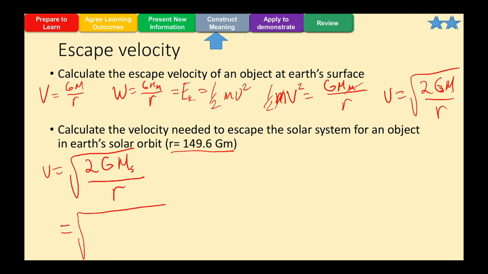So square root of 2 times 6.67 times 10 to the negative 11 times, so we need solar mass, which on my formula sheet is 1.99 times 10 to the 30. And we are looking at 149.6 gigameters.